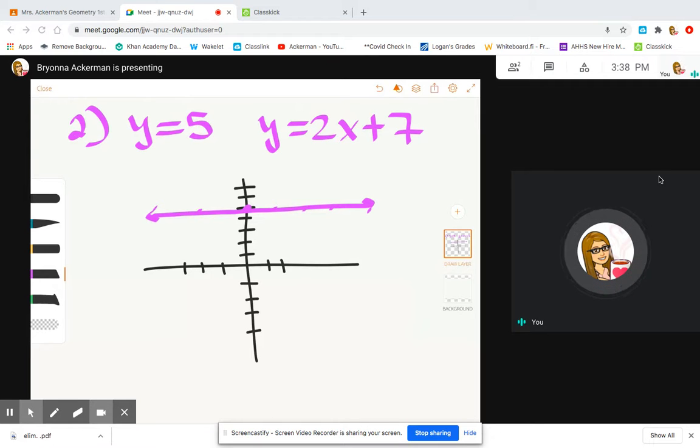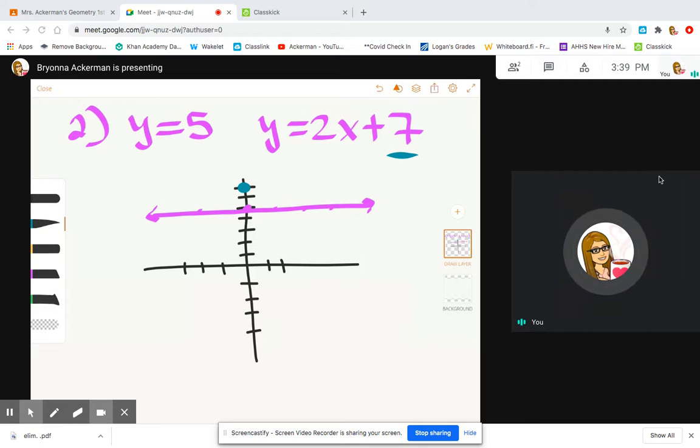Okay? So that's how we graph just y equals 5. The next one is in slope-intercept form. So the easiest way is we know that the b, because it's y equals mx plus b, the b is your y-intercept. And so I can actually go, okay, well, my b here is a positive 7. So when y is 7, x is 0, because that's my intercept. And then I can use the slope. And so here my slope is 2.